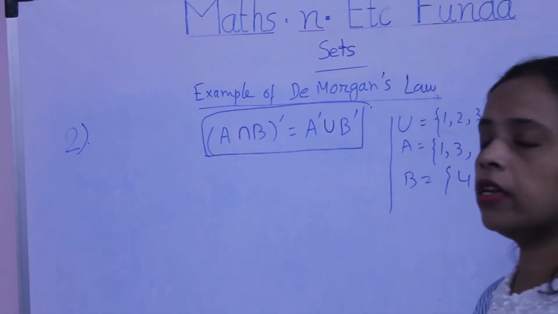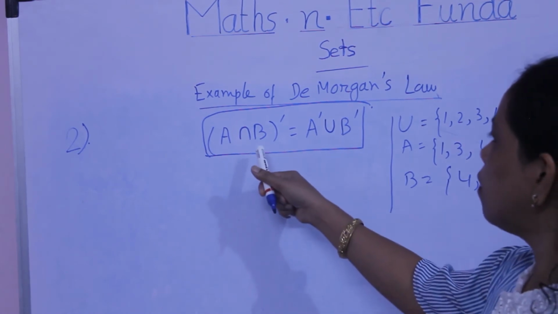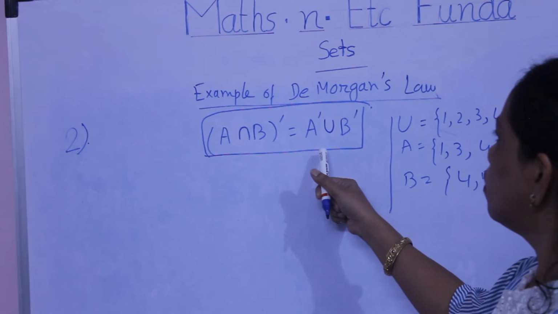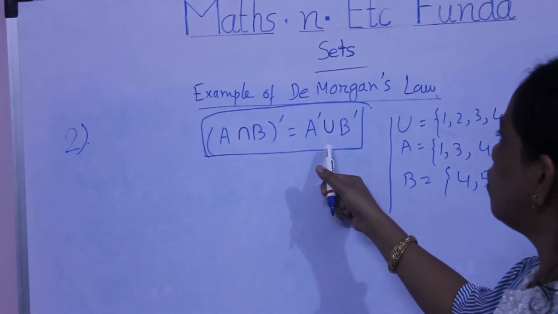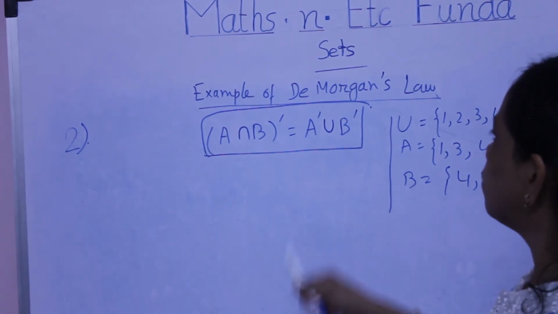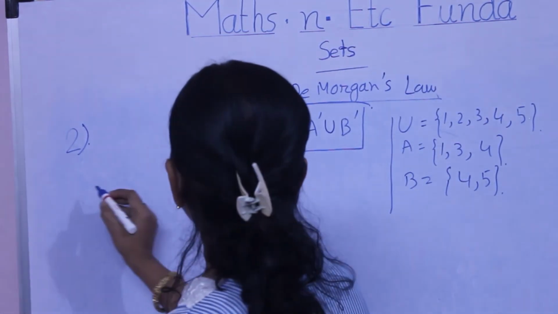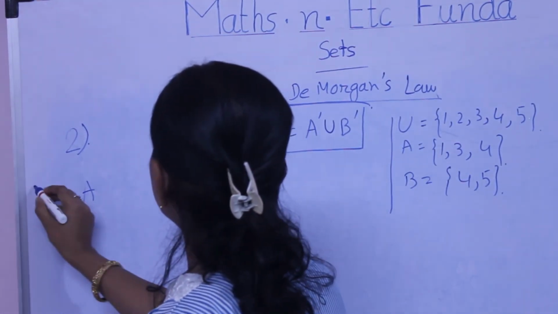Now let's prove the second law, that is, the complement of the intersection of the two sets is equal to the complement of their union. Now first, the left hand side.